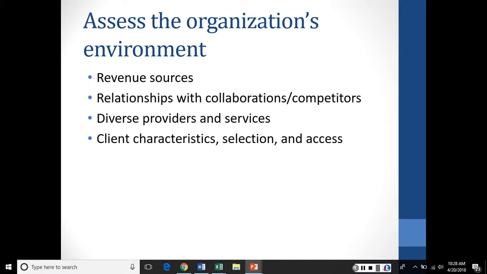Is that ethical? Maybe, maybe not. You can only provide services to so many. When you cream clients, that is going to make your outcomes look better, but it doesn't always ensure that you're providing services to the clients who need services the most.